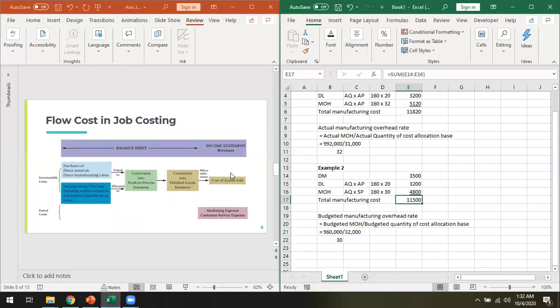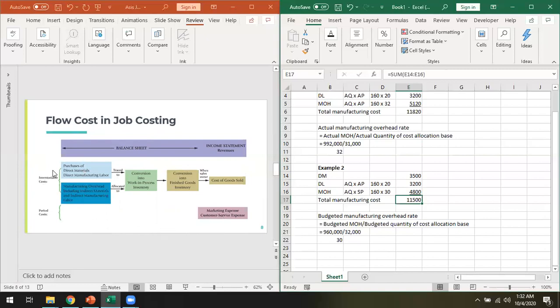Okay. So the next section is about flow cost in job costing. So in job costing, we have two types of costs. It's the same as our previous tutorial or previous material. There are inventoriable costs and also period costs. For period costs, we just have to expense it after it incurs.